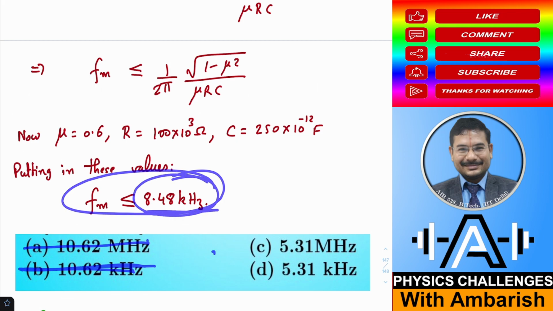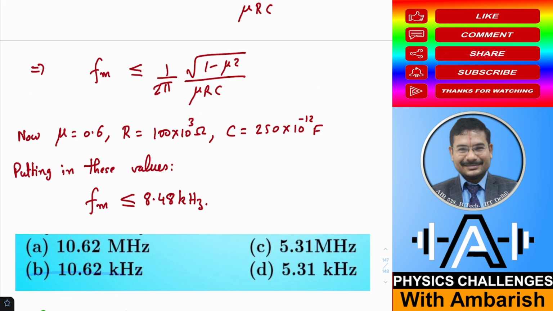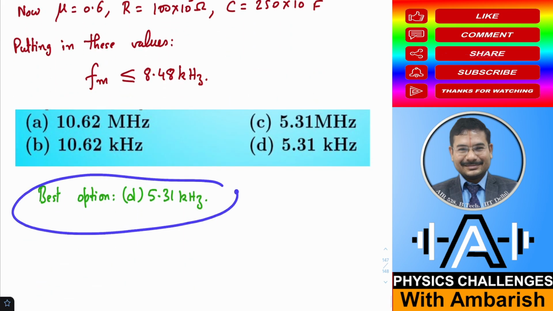Don't think that 8.4 kilohertz means I should round it off to 10.62. That will be wrong, because then you will be missing the envelope. It has to be strictly less than this value, and the only option left is option D, that is 5.31 kilohertz.